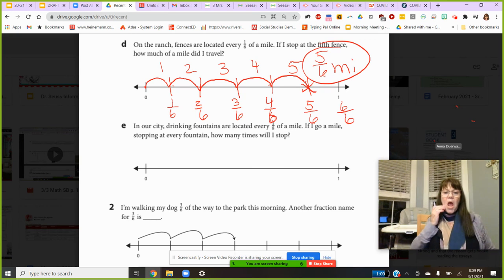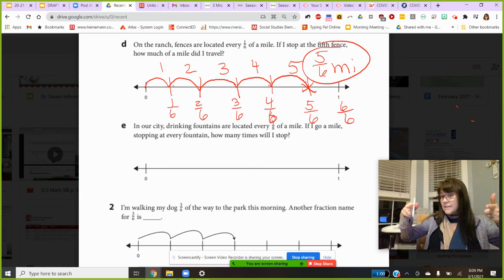All right. So let's look at this next one. In our city, drinking fountains are located every 1/8 of a mile. If I go a mile, stopping at every fountain, how many times will I stop? Well, if I'm going to make 1/8 through the whole thing, I need how many lines? 7.